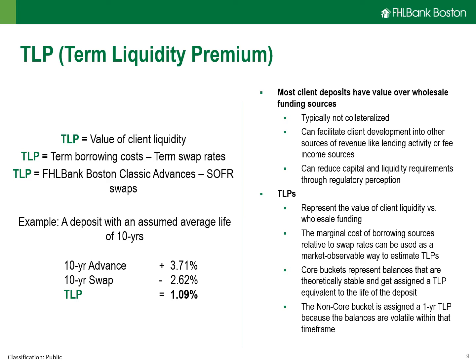That is to say, the marginal cost of locking in your liquidity of funding for your balance sheet is 109 basis points relative to just taking care of the interest rate risk in a swap. So that represents the value of having client liquidity versus wholesale funding.